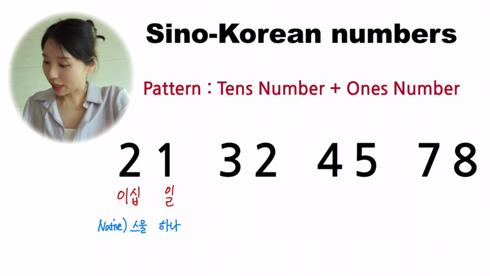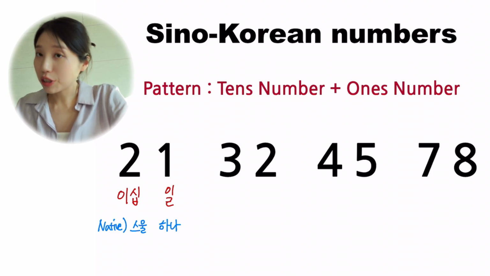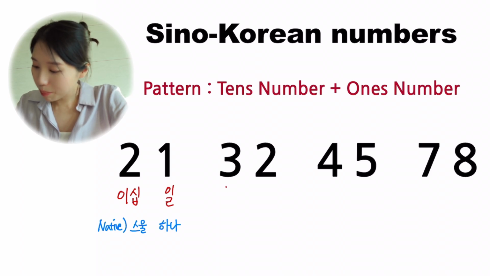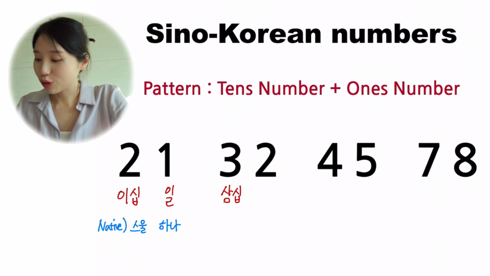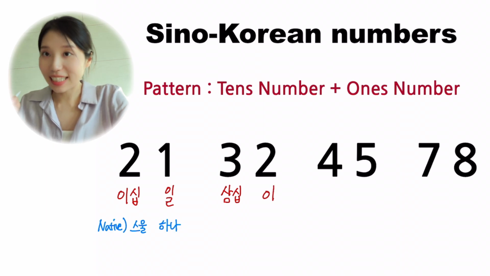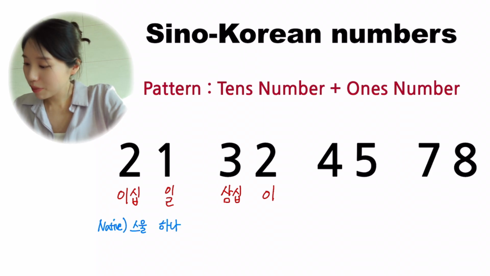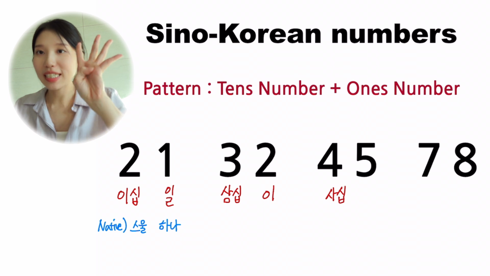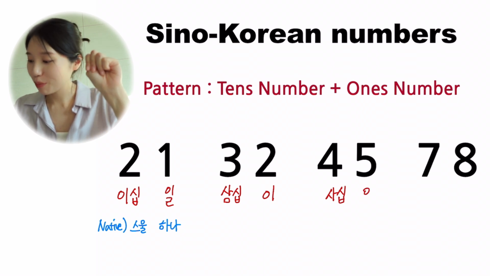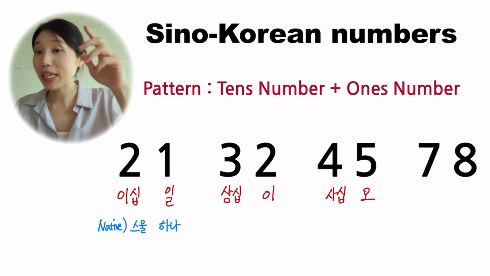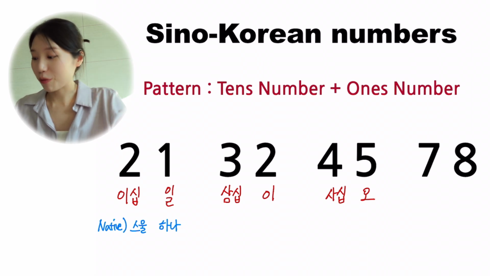Okay. And 32: 30 is 삼십. And 2, 이. 삼십이. Next, 45. 사십오. 1, 2, 3, 4, 5. It's 사십오 in Sino-Korean numbers.